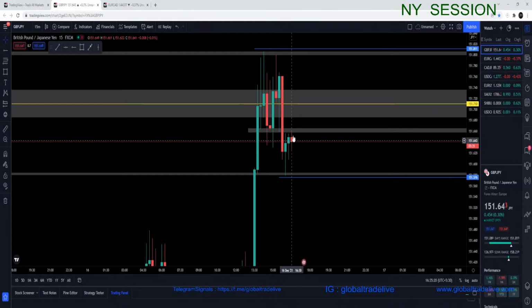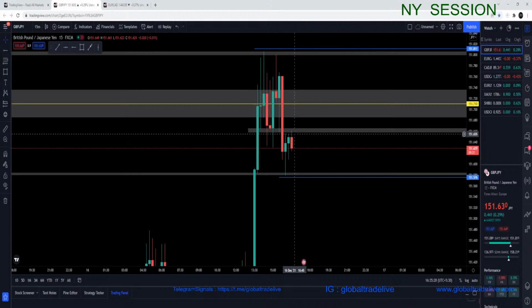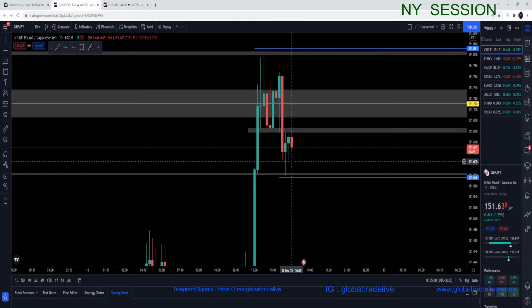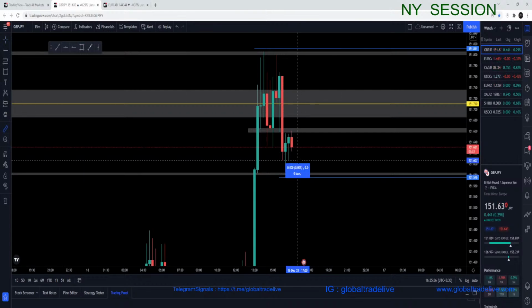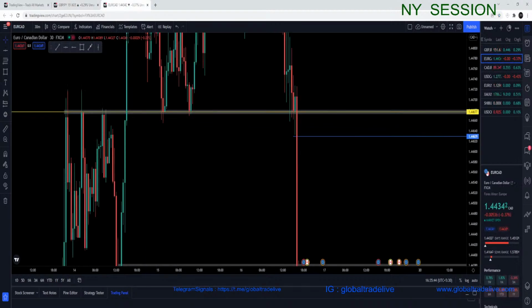The current 15-minute candle broke the high of the previous one but rejected this zone coming from the left, and I think if it breaks this price, then it can move down to this wick and finally move down. Let's see, I'm not sure about this.